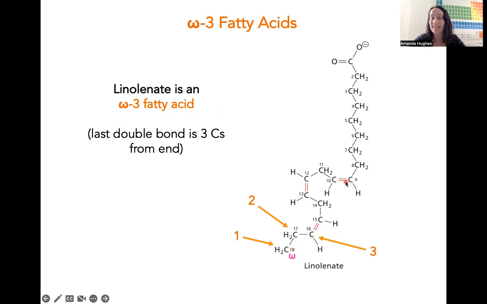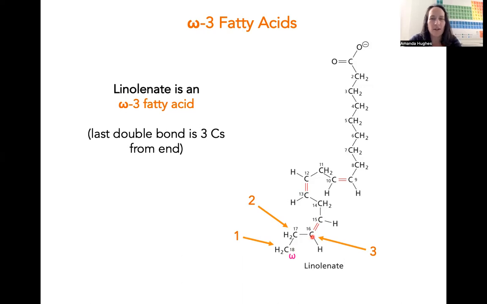So this would be an 18:3 fatty acid. It is an omega-3 because if you go all the way down to the omega carbon, the very last carbon, and you count backwards, 1 carbon, 2 carbons, 3 carbons, there is a double bond right here that is 3 carbons from the end of the chain. So this would be called an omega-3 fatty acid.